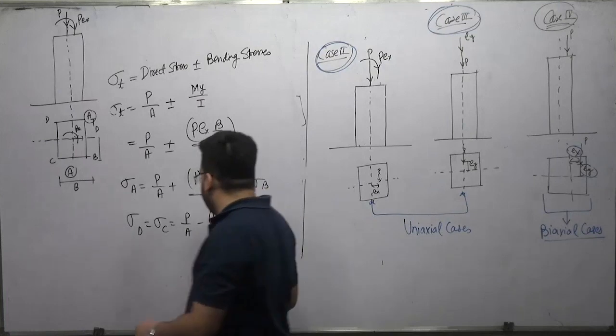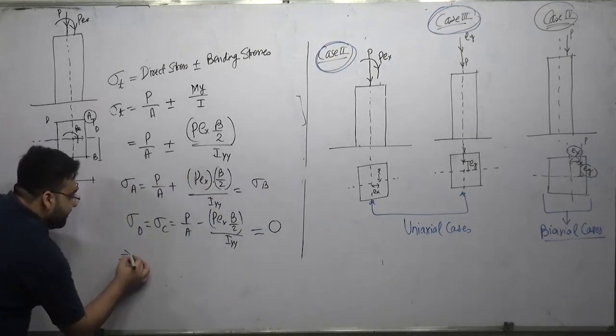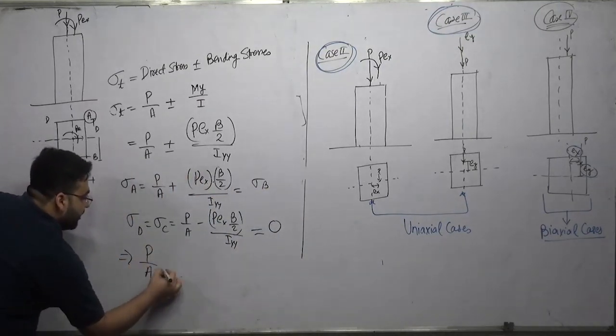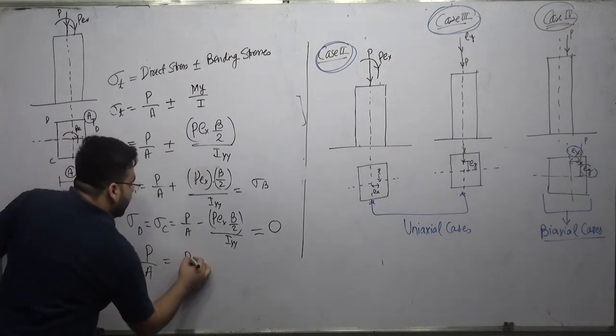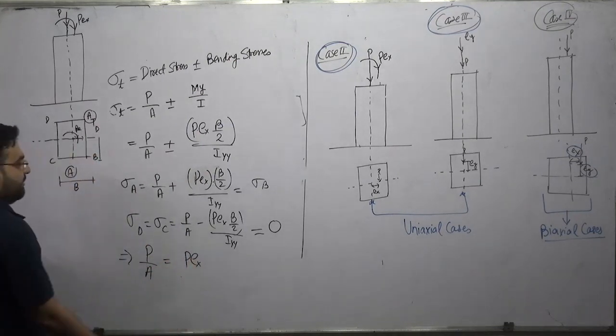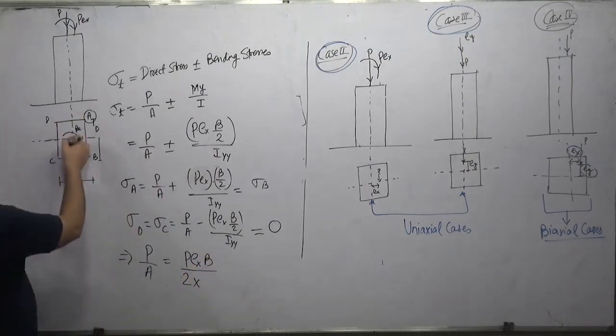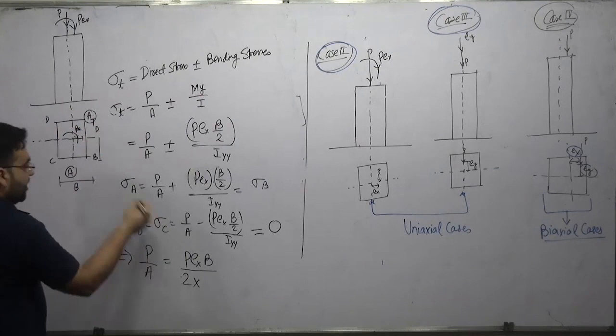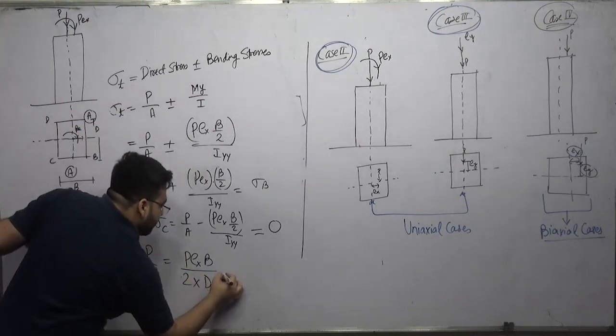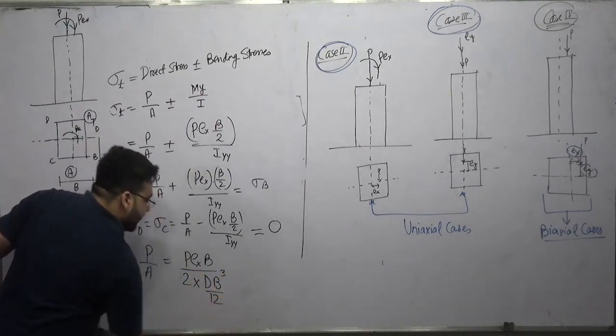If I put it equal to 0, what can I get? P by A will be equal to P into Ex into B by 2 by Iyy, where Iyy will be equal to D into B cube divided by 12.